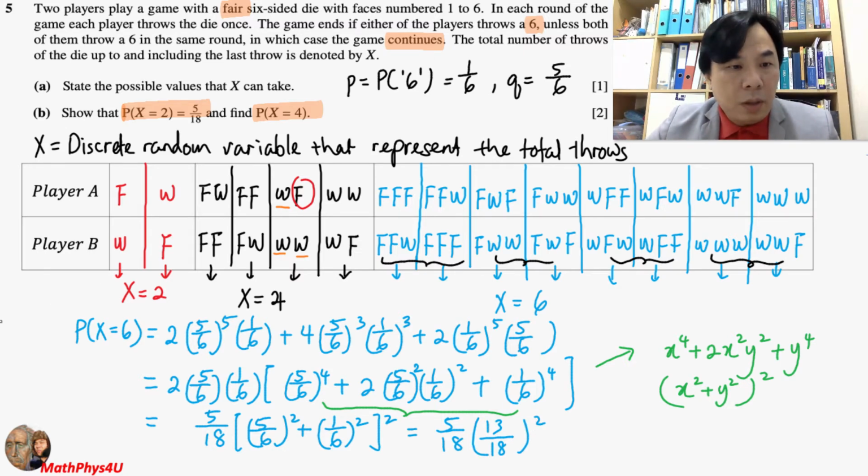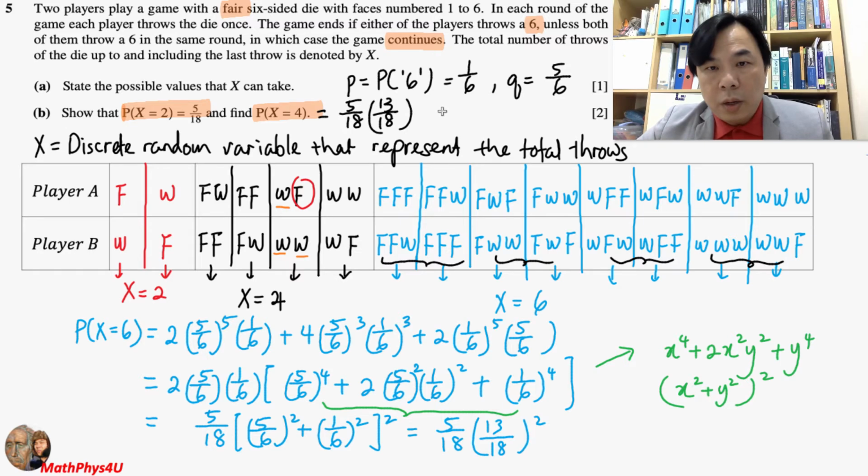And then from here, I'm going to write down all the results I have obtained so far for B. So for B, we have already obtained P(X=2), which is given as 5 over 18. And then we have also found the probability of X=4, which is 5 over 18 times 13 over 18.